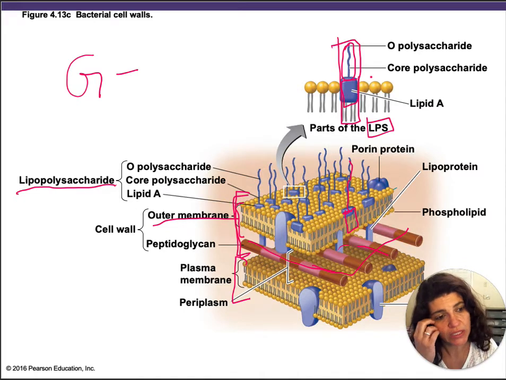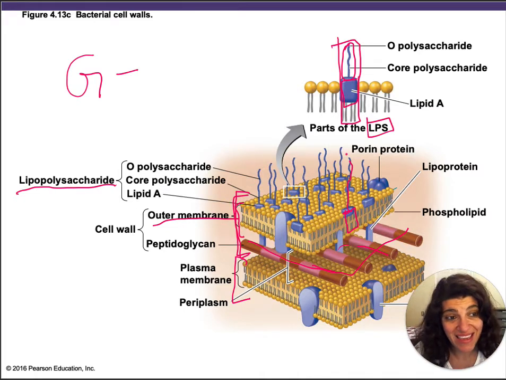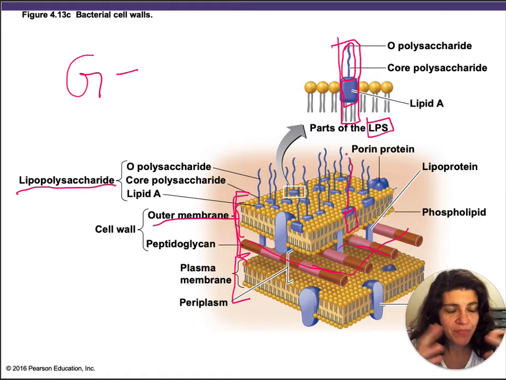What is important here? The lipid A is the part that, when these bacteria are multiplying and expanding their cell wall to be able to grow and then split in two, these LPS molecules get lost in the environment.